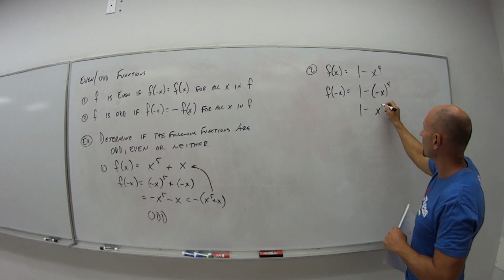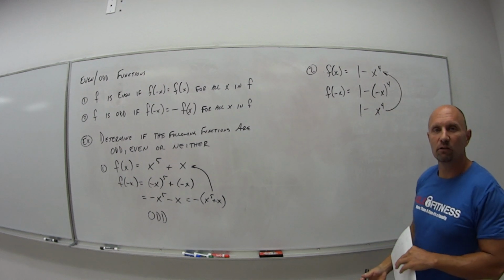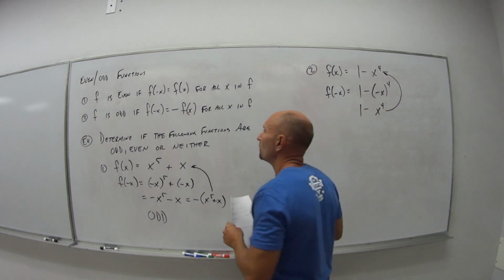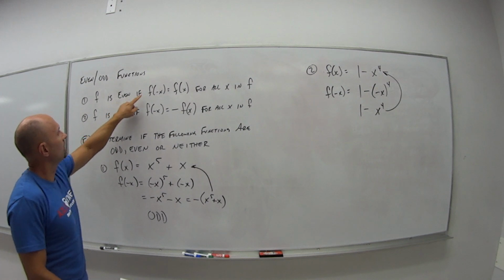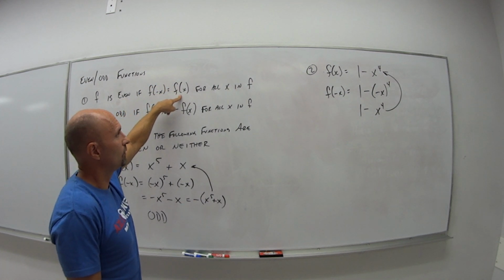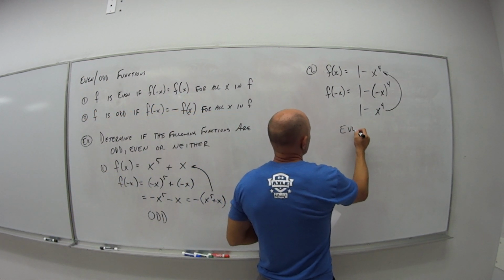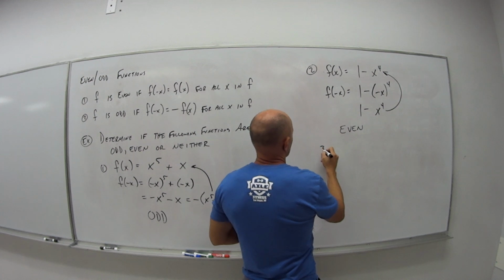X to the 4th is x to the 4th. So this gives me what? 1 minus x to the 4th, which is the same thing I started with. So f is even if I plug in minus x, and all I get back is what I started with for the function. So this one would be an even function.